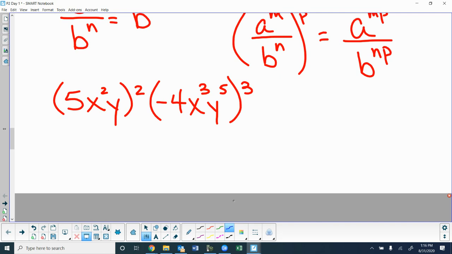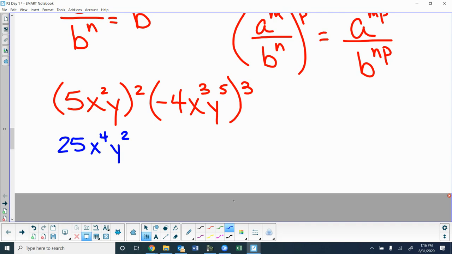No. So I'm going to take all of these 3 parts of the term to the second power. What's 5 squared? 25. What's x squared squared? x to the 4th, right? Multiply them, 2 times 2. And then y squared, right? 1 times 2.